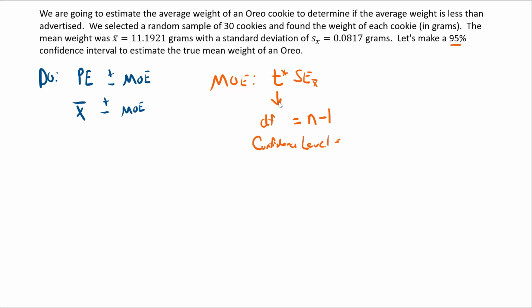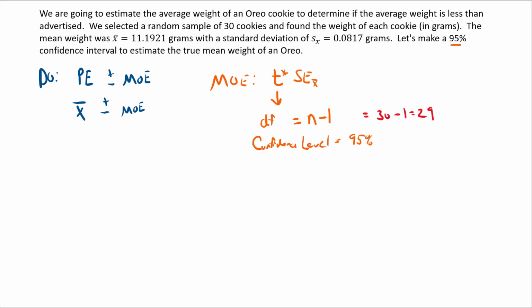Your confidence level, in this case, what was listed in the problem, is 95%. So for our degrees of freedom, our sample size was 30. Subtract 1, of course, we get 29. And our confidence level is still 95%, not changing anything.